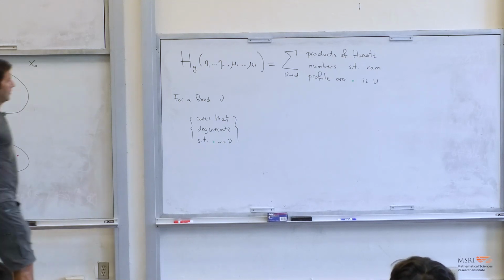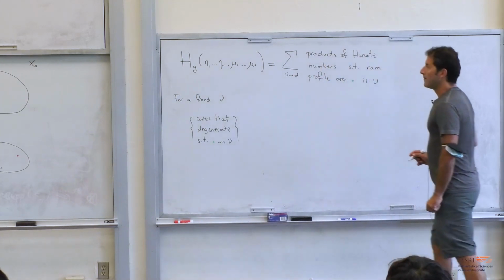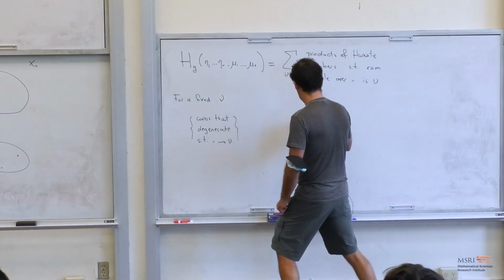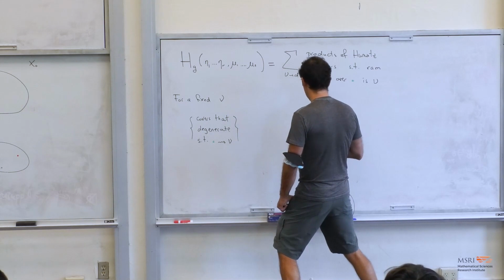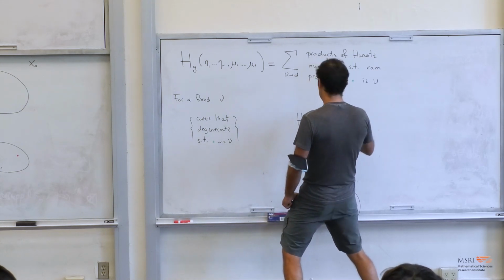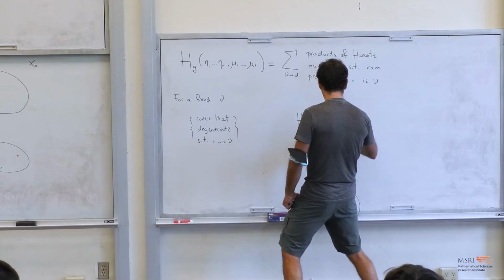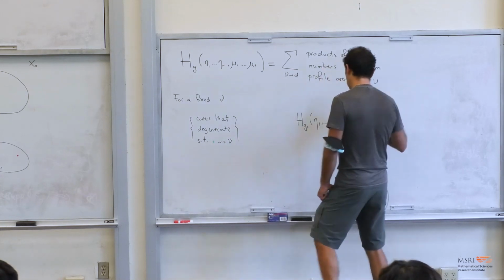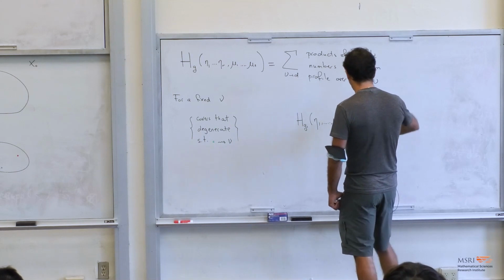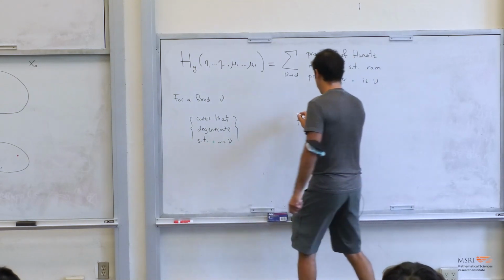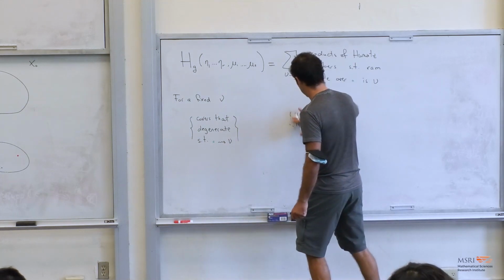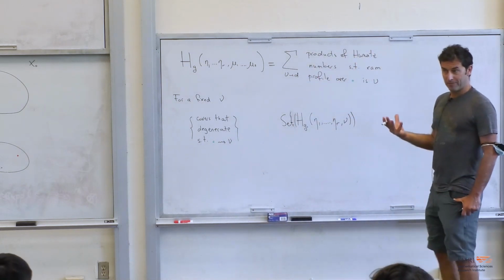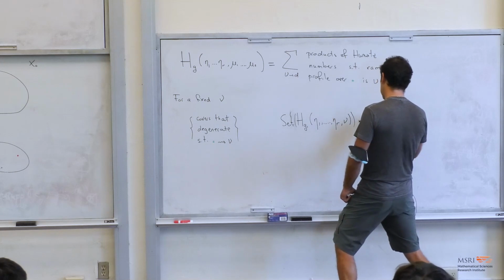And I claim that I have a map from H_g1(eta_1, ..., eta_r, nu), or rather, these are numbers, so let me call A_g1 the set of covers. So I have a map for the Cartesian product.